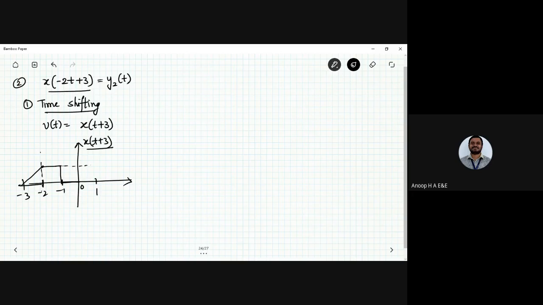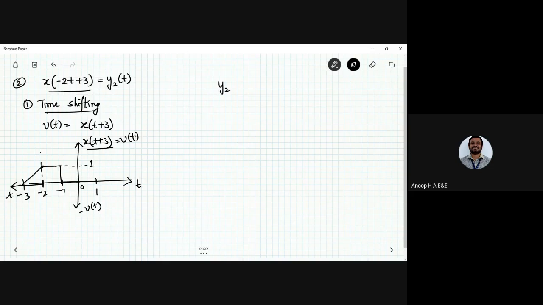So v of t equals x of t plus 3. This is the intermediate signal for the second problem. We don't require the other axis right now.